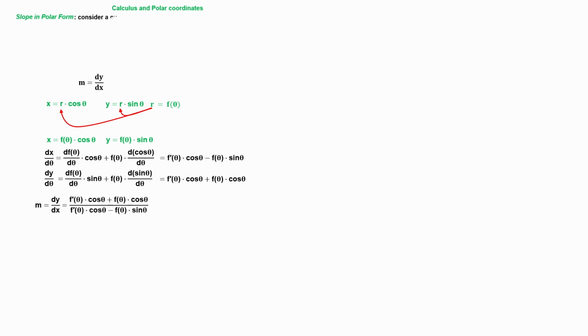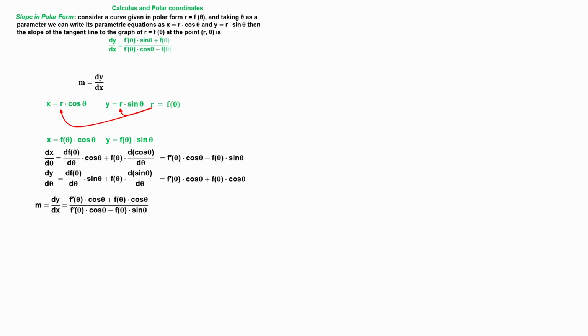Consider a curve given in polar form r equals f of theta, and taking theta as a parameter, we can write its parametric equations as x equals r times cosine of theta and y equals r times sine of theta. Then the slope of the tangent line to the graph of r equals f of theta at the point r and theta is given as follows.